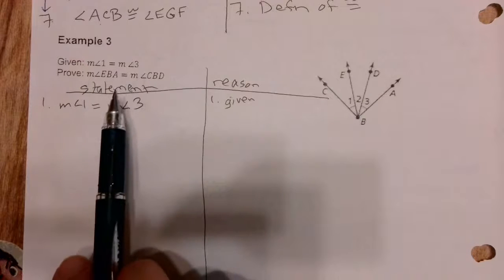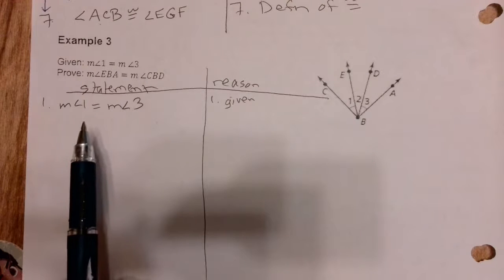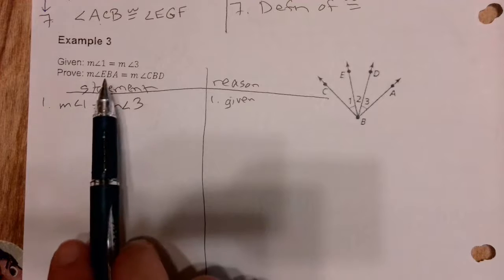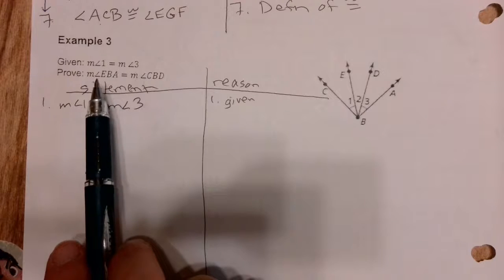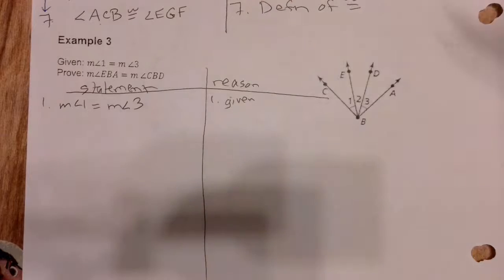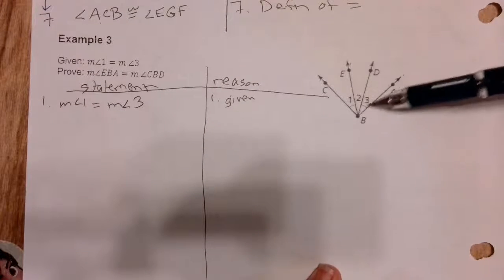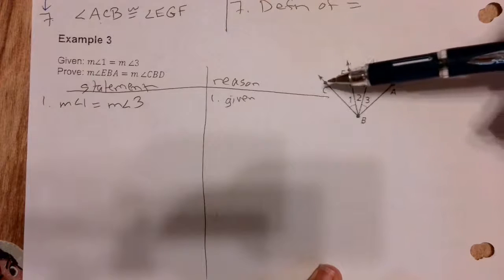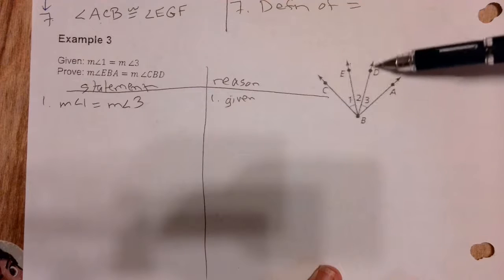So because I don't know where line 1 should go, I'm going to look at the end and try to figure out where should I be going? Which direction should I be heading? So we're heading toward EBA equaling CBD.